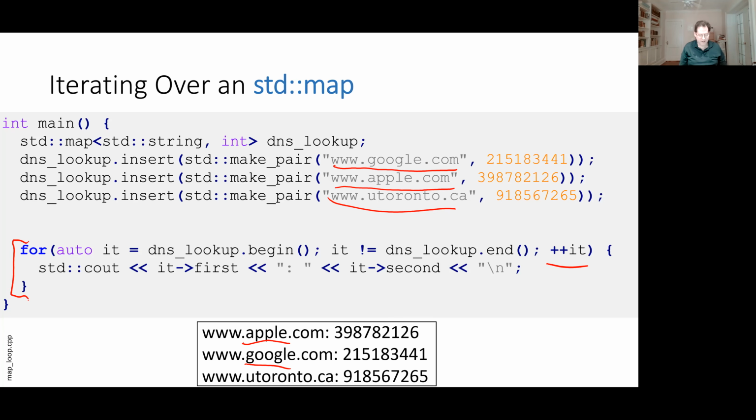Again, in an associative container like this, the order that you put things in is not the order they come out in if you iterate over them. If that's important, then you use a vector or a list, which maintain the sequence in which you put things in. These containers do not. They instead are optimized for storing and looking things up by key.